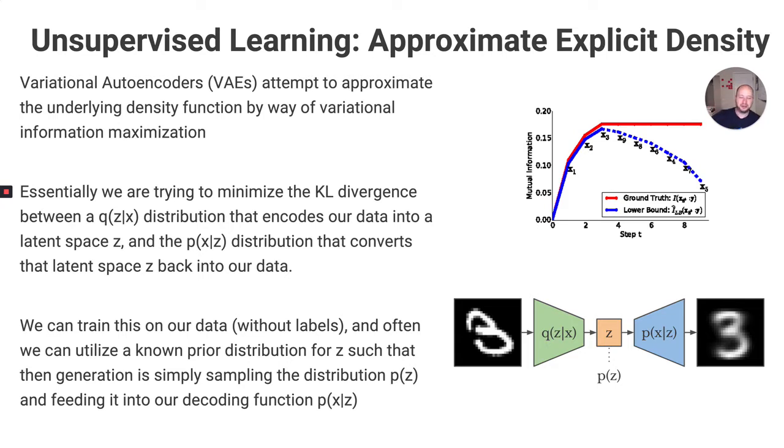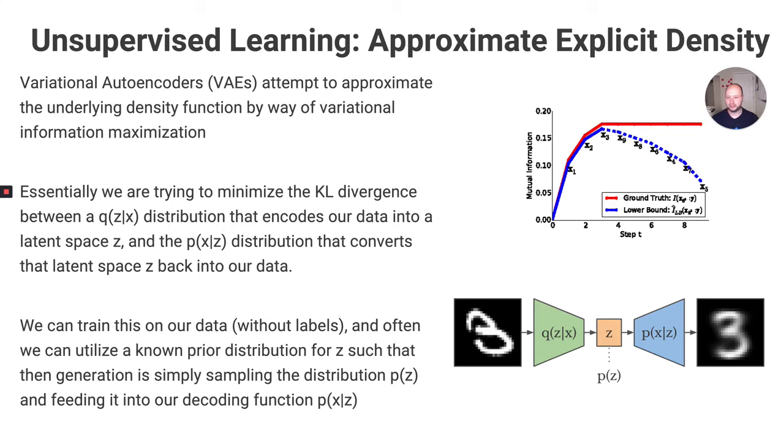So what variational autoencoders are doing, or these models that are trying to approximate the density function explicitly, often utilize the variational information maximization idea, where we might not be able to directly learn this probability distribution function, but if we can define this idea of mutual information between the distribution function that we're after and one that we've approximated, we can, by way of variational information maximization, prove that the mutual information between our approximated density function and the actual distribution function is a lower bound to the actual information.